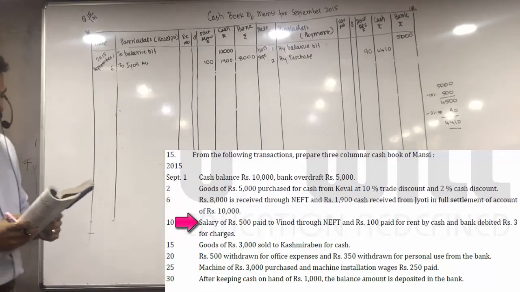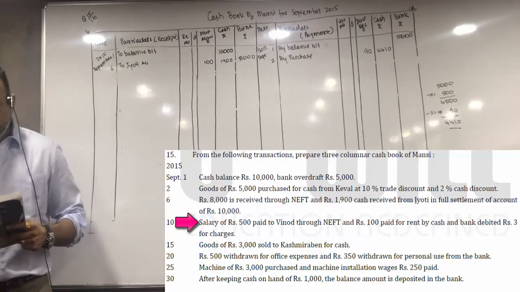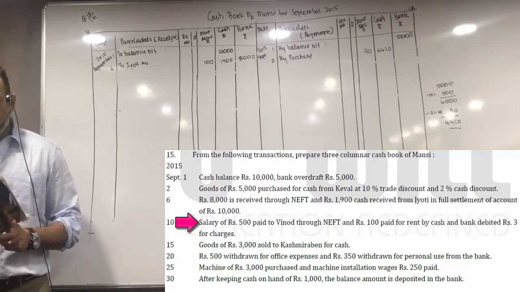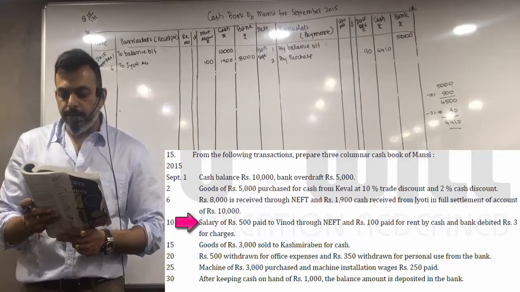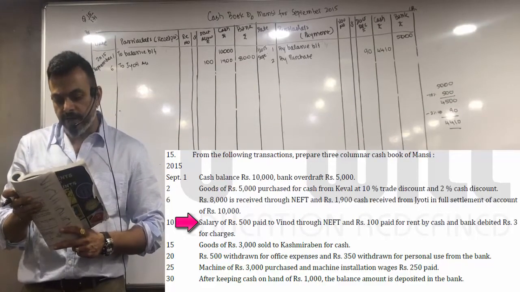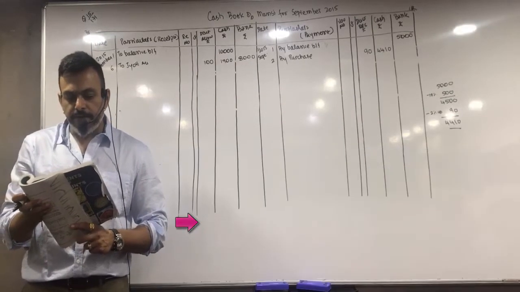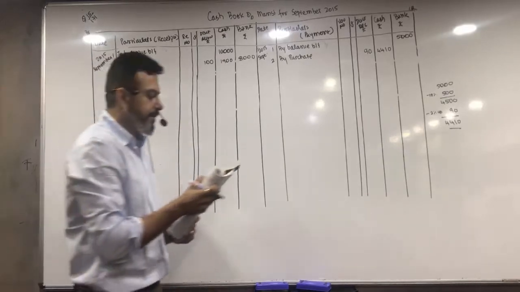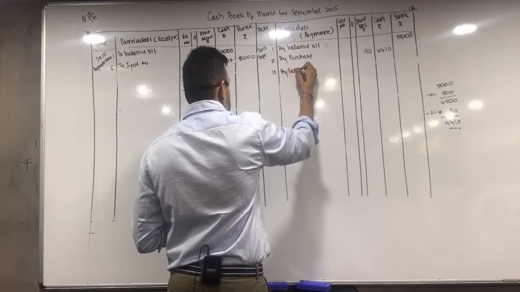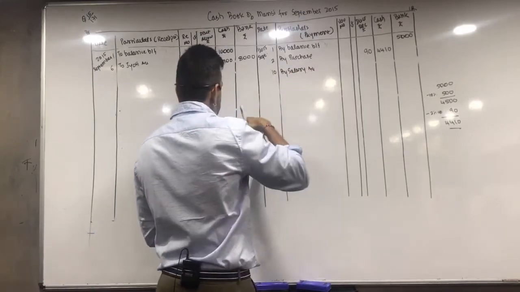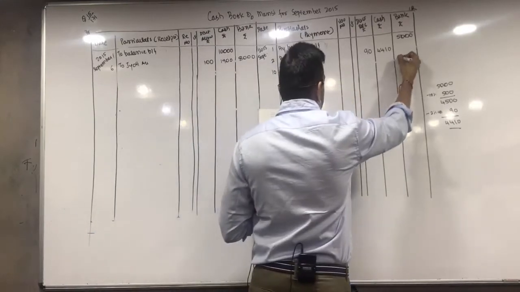10th, salary of 500 paid to Vinod through NEFT and 100 paid for rent by cash and bank debited 3 for charges. Payments at 10th, by salary account through NEFT, so bank column 500.